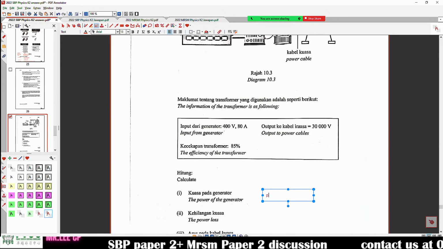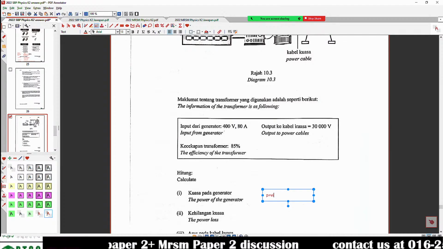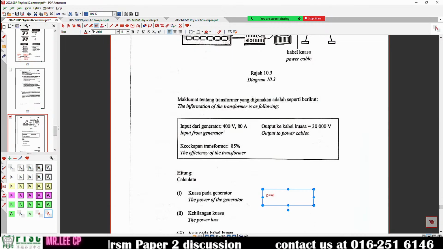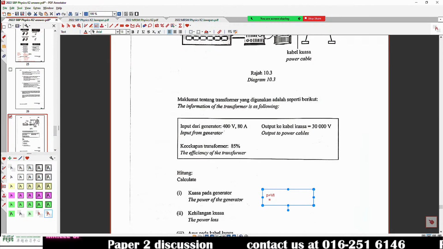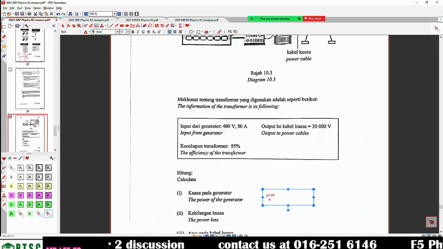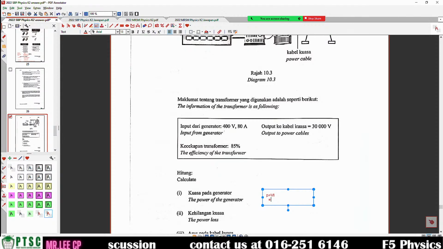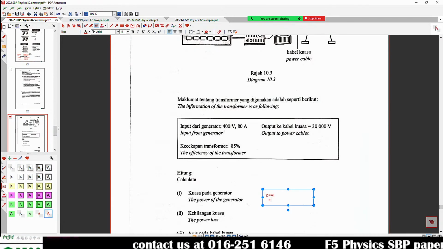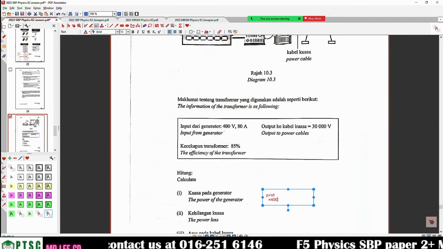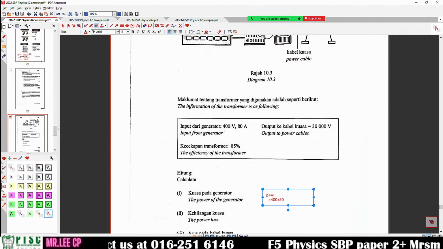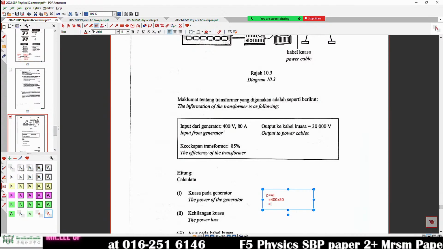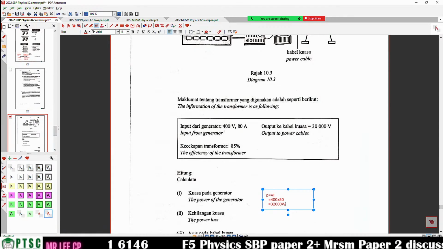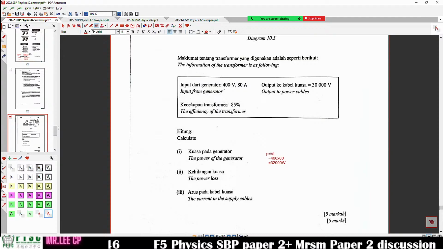Power, P equals VI. V is the input from the generator, 400 times 80, 432. Alright, this is the first one.